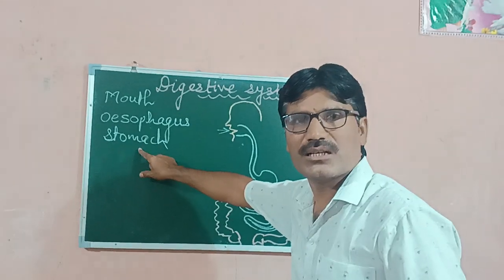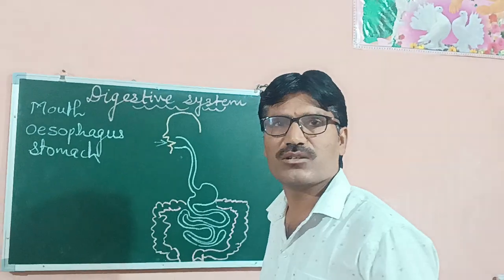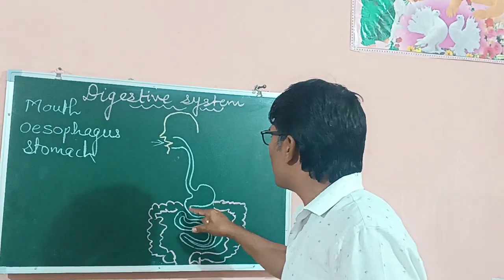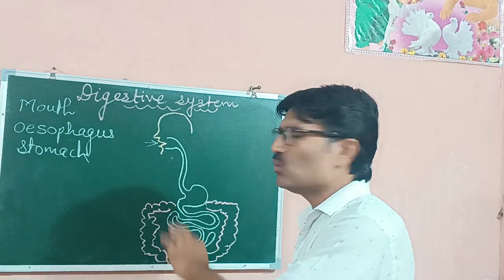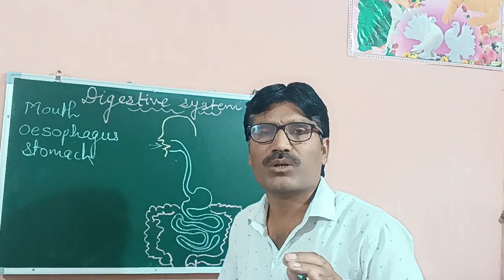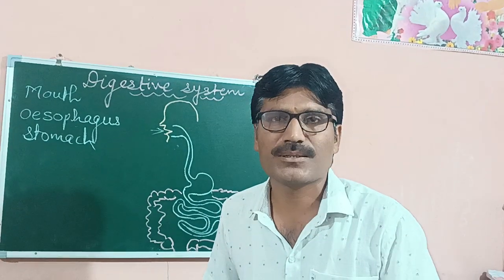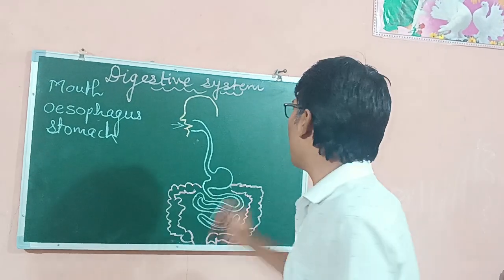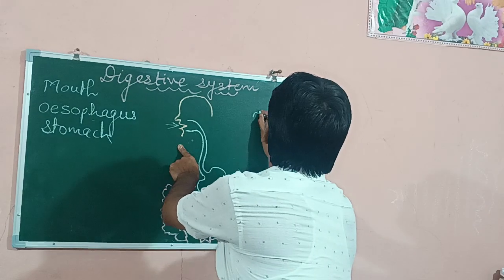The third part of the alimentary canal is the stomach. Now, the stomach once again is converted into a long tube. You know how long it is? It is near about 7 meters long.